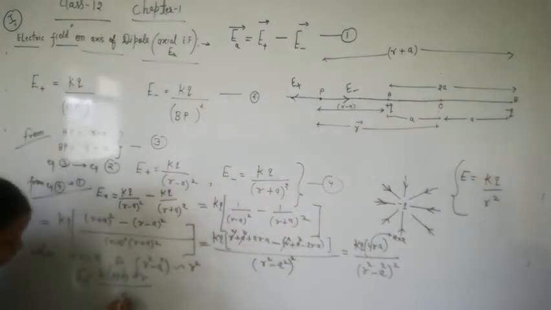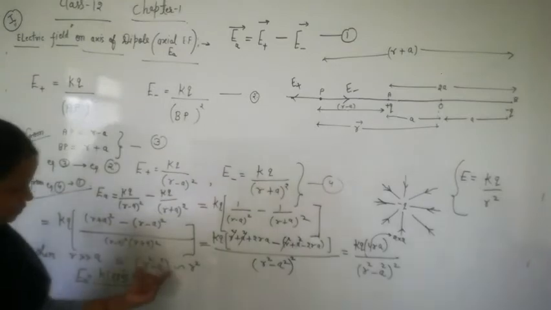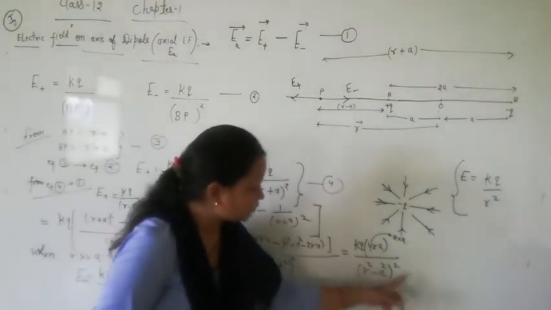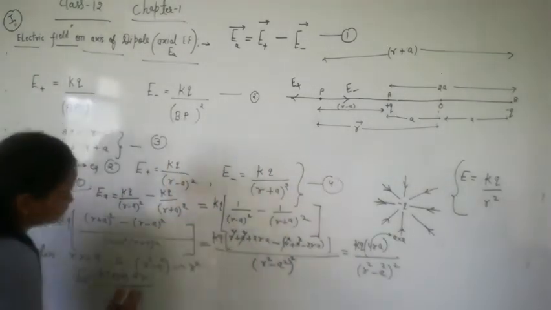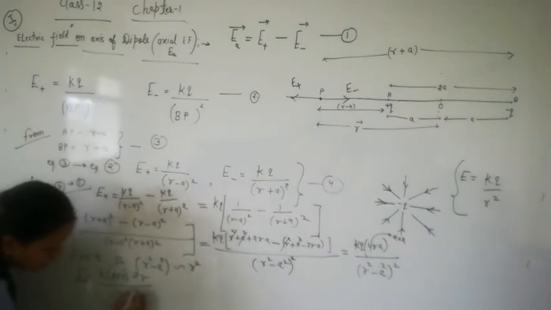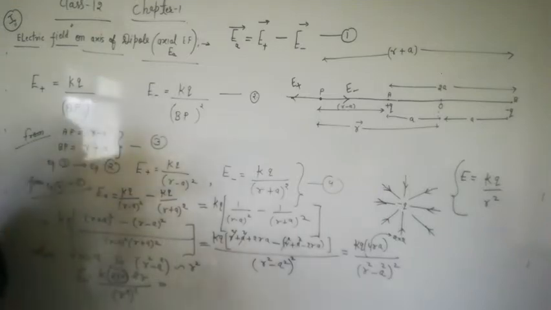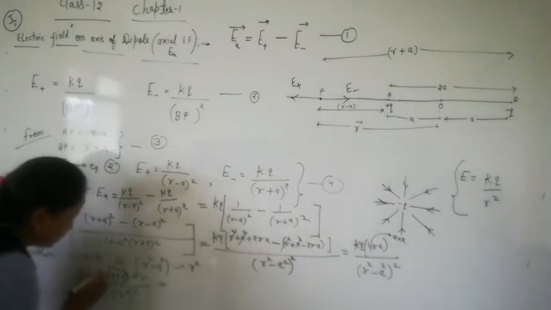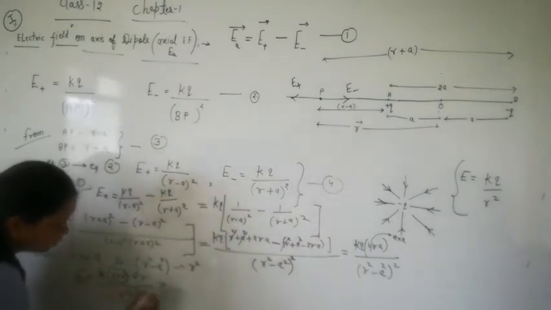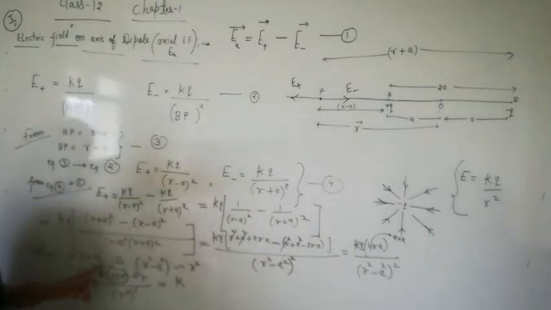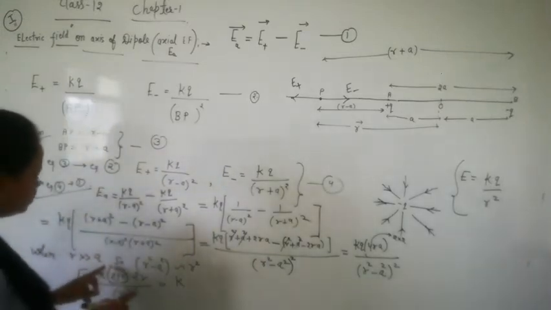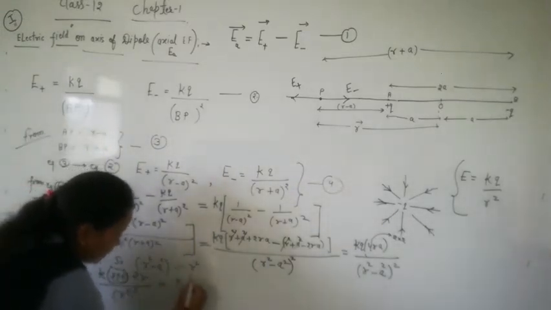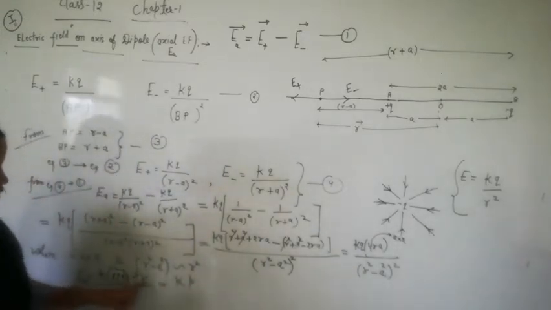This term has a square form, so again it is r square. Now this bracket is the dipole moment p. We consider only p here. So k is the electrostatic constant, p the dipole moment, and 2r.